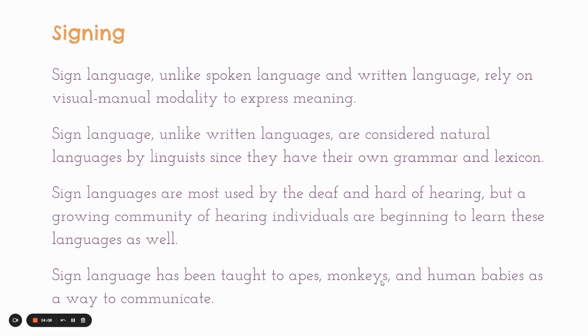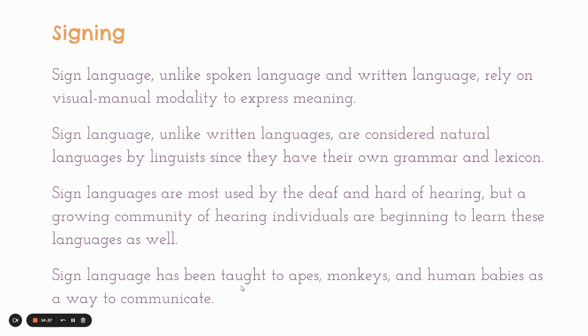What's really cool is that sign language has actually been taught to different apes and monkeys, as well as human babies, as a way for them to communicate. One of my friends taught simple sign language to her baby. So when she was hungry, she could say, "I'm hungry." Or if she was tired, she could say, "I'm tired," using the signs. Because she couldn't speak yet, she couldn't make words, but she could move her fingers and ask for things that way.